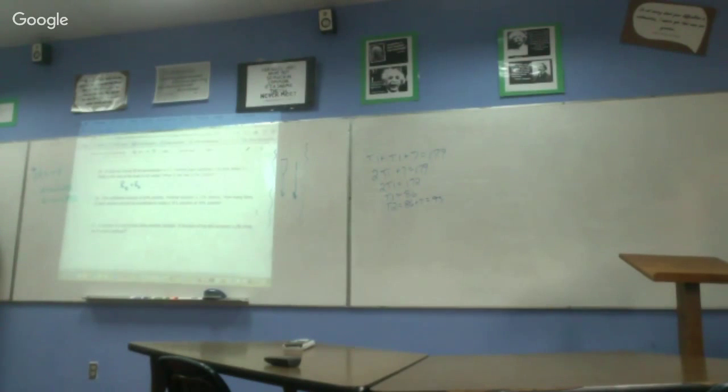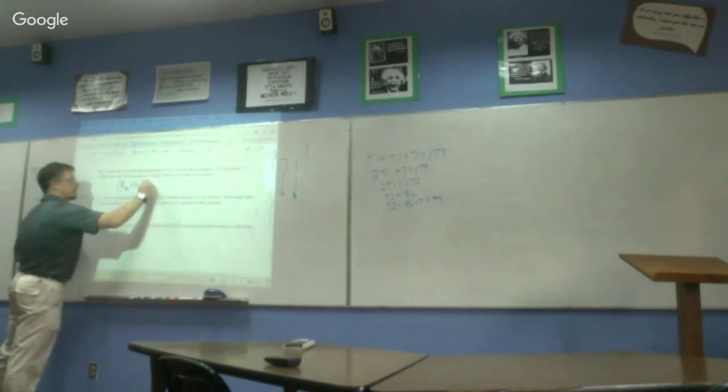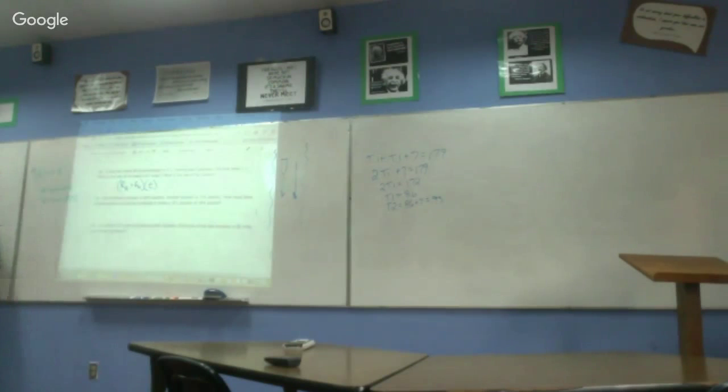So distance is equal to rate times time. But what is my rate? Unknown. If you're in the boat, the full rate is the rate of the boat plus the rate of the current.